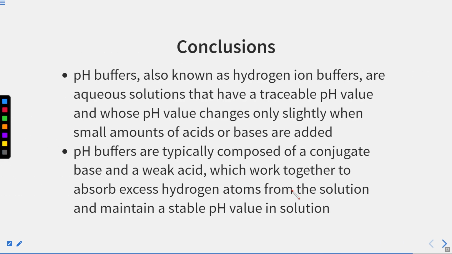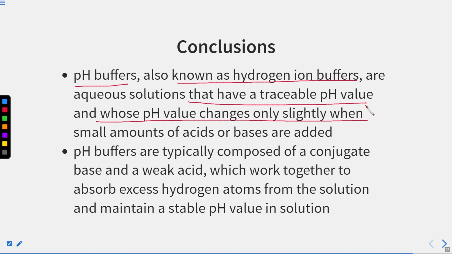So what will be the conclusion? The conclusion is this: pH buffers are also known as hydrogen ion buffers. What is pH? pH is the hydrogen ion concentration. And what is a pH buffer? A hydrogen ion buffer. They are aqueous solutions that have a traceable pH value and whose pH value changes only slightly when a small amount of acid or base is added.